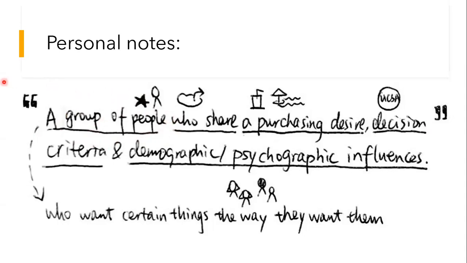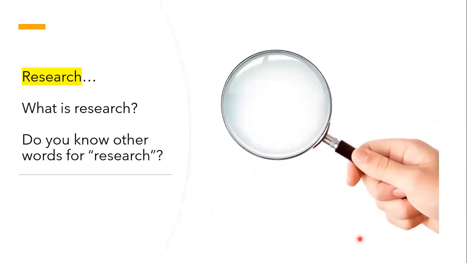It's a group of people who share a purchasing desire, decision criteria, and demographic influences. What happened with this group of people? They want certain things the way they want them. It means something specific. It's a group of people that want something only the way they want it. No different than that.